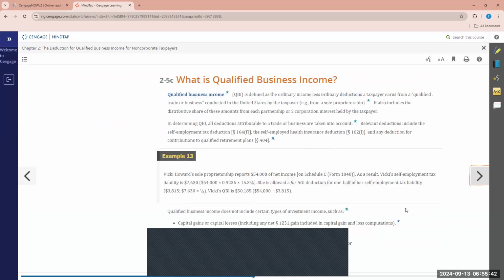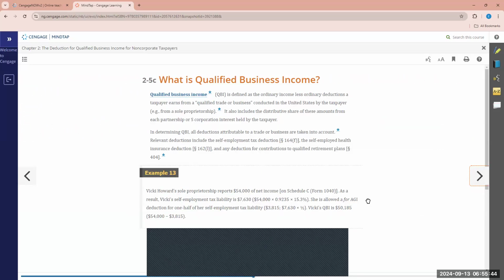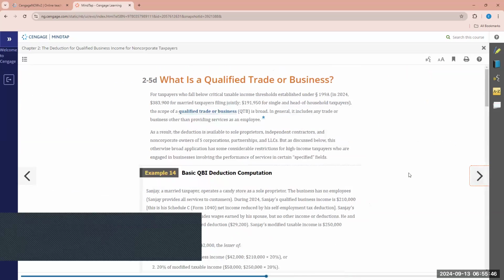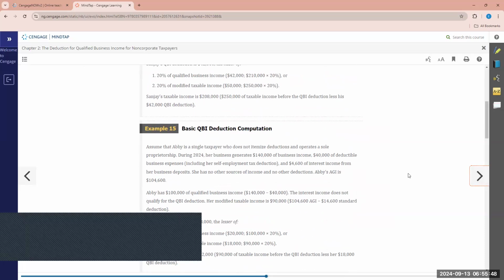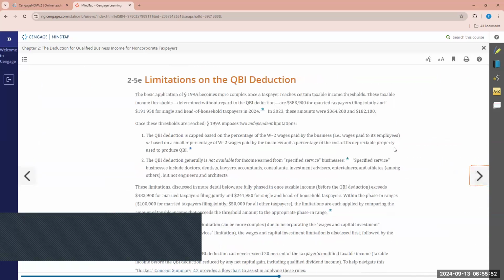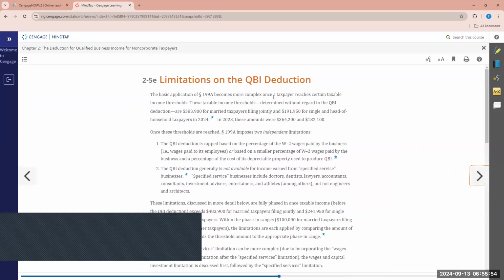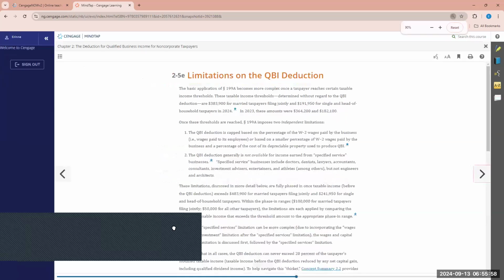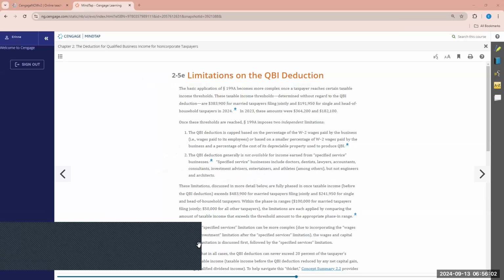So here we'll look at this information so you all can see. Because again, there are some limitations to keep in mind. Here we see limitations on the QBI deduction. The basic application of Section 199A becomes more complex once a taxpayer reaches certain taxable income thresholds.